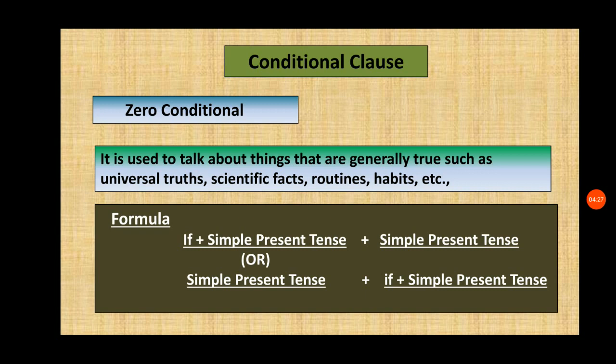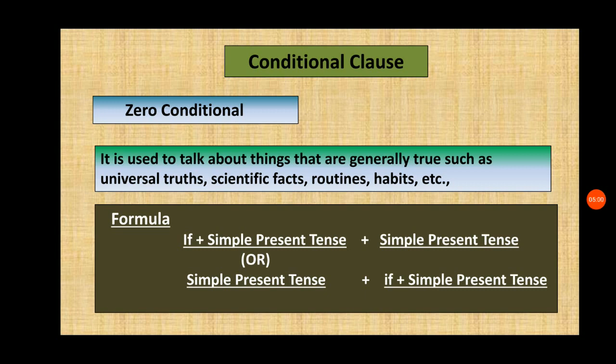As the action of the events doesn't change in all periods, we call it universal truth or general truth. The tense of sentences which are about universal or general truth does not change. Hence, here the tense does not change in the condition as well as the result. So, what is the formula for zero condition?